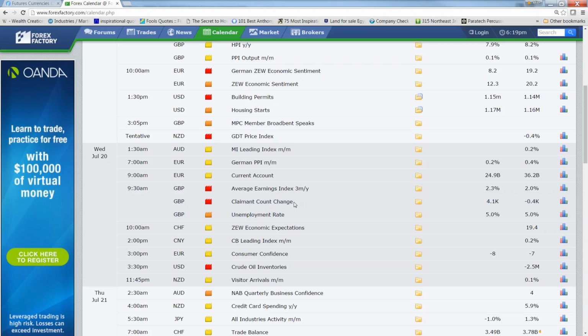This is interesting. I don't see any immediate reaction to the Brexit vote this week or this month. I don't see people leaving the country right now yet.